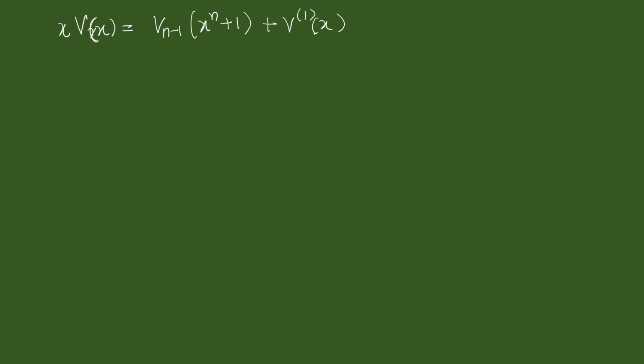So remember that when we divide this entire term by g of x, x into v of x, that is cyclic shifted, and x raised to n plus 1 are both divisible by g of x. So therefore this must also be divisible by g of x. That means any version of x into v of x will be divisible by g of x, assuming that I'm entirely dividing this by g of x.